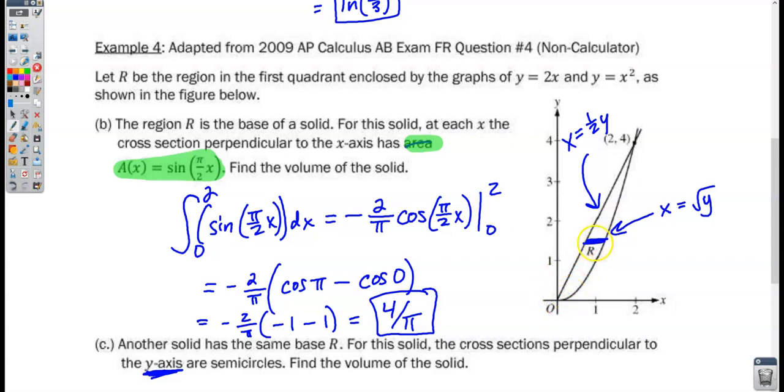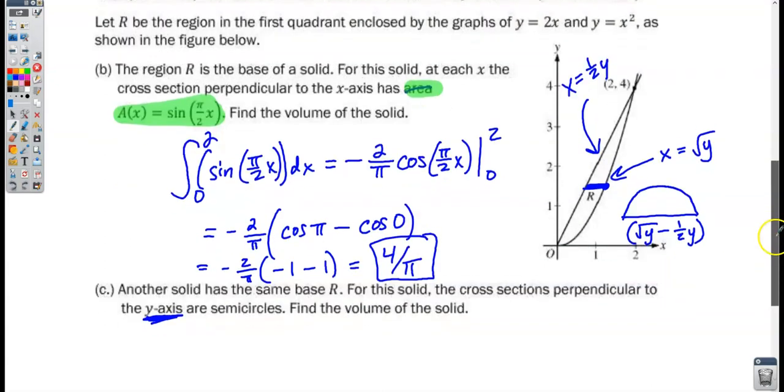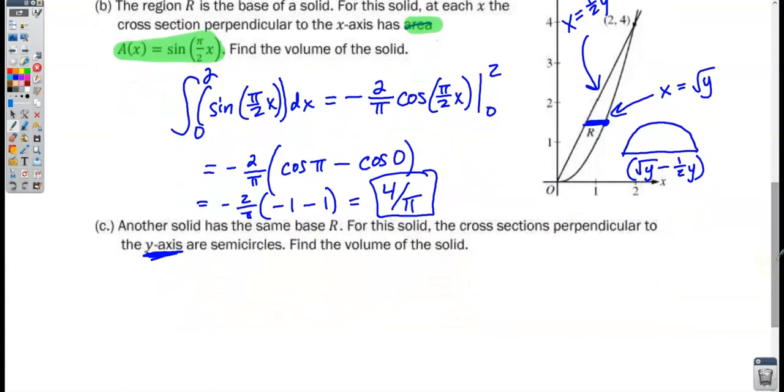In order to find the length of the side, or the length of the slice here, the furthest right point is square root of y, and the furthest left point is 1/2 y. So this side here has length square root of y minus 1/2 y. If you remember from back when we developed the formulas for area in this lesson, the formula for the area of a semicircle cross-section is pi over 8 times the side length squared.